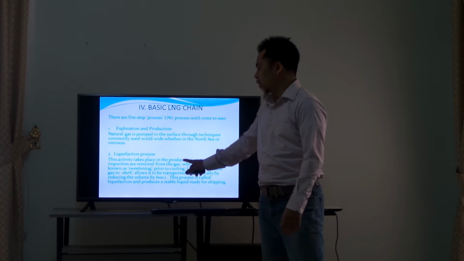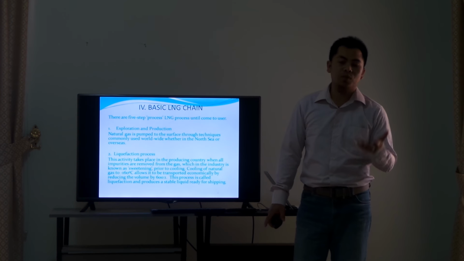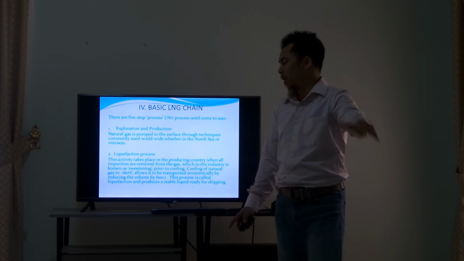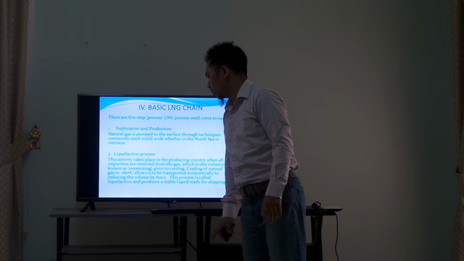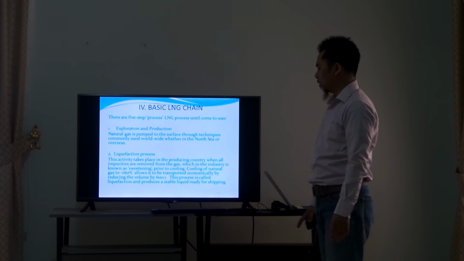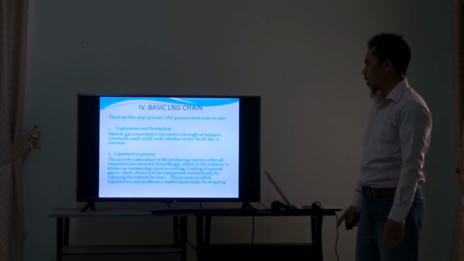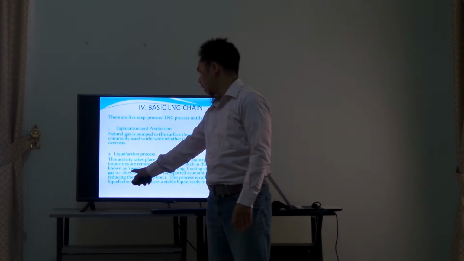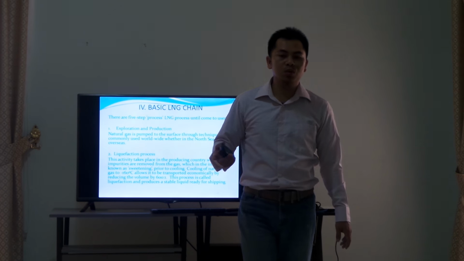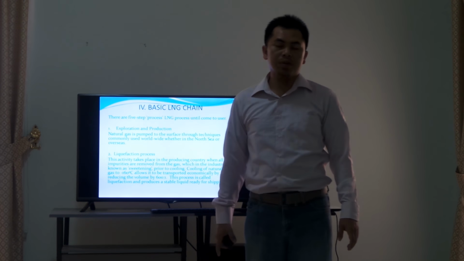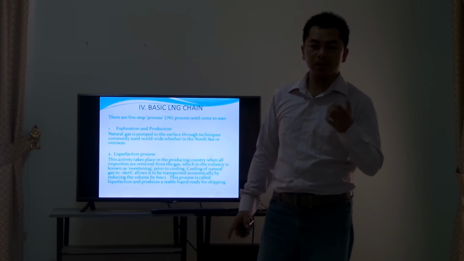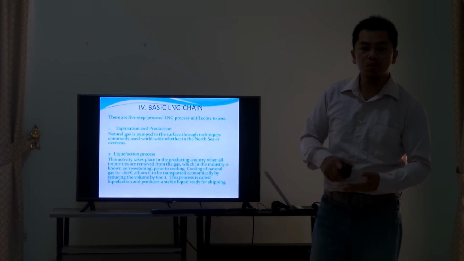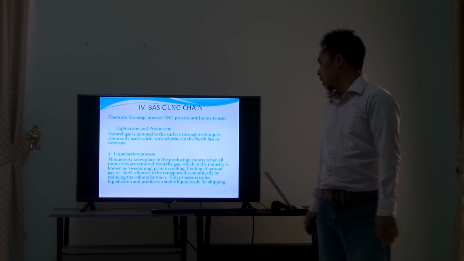The next step is liquefaction. Liquefaction is the process for making LNG, changing the gas into liquid. This activity takes place in the producing country, where all impurities are removed from the gas, which in the industry is known as sweetening. The impurities they remove are mostly water, H2S, CO2 and mercaptan.